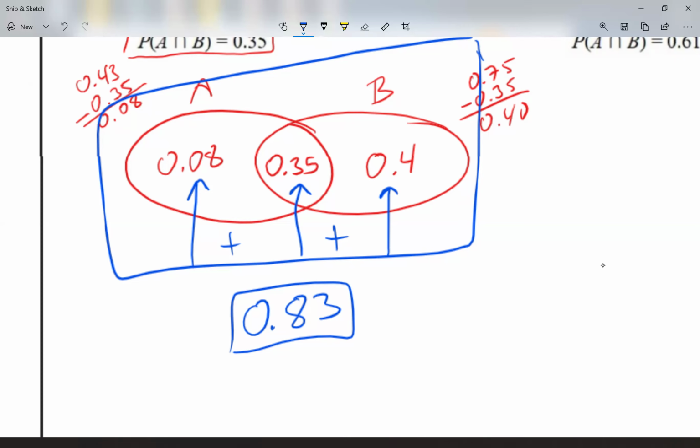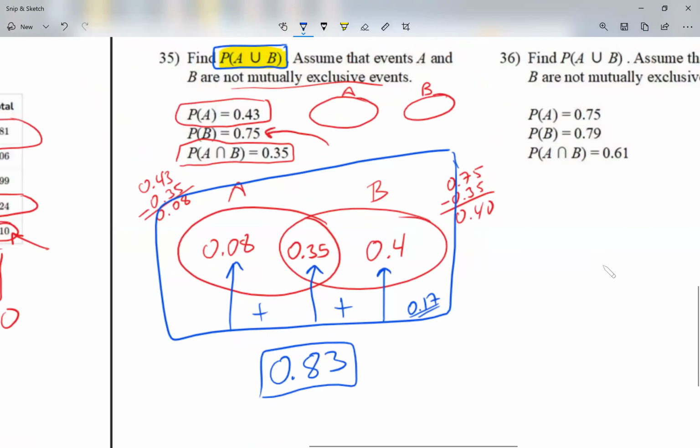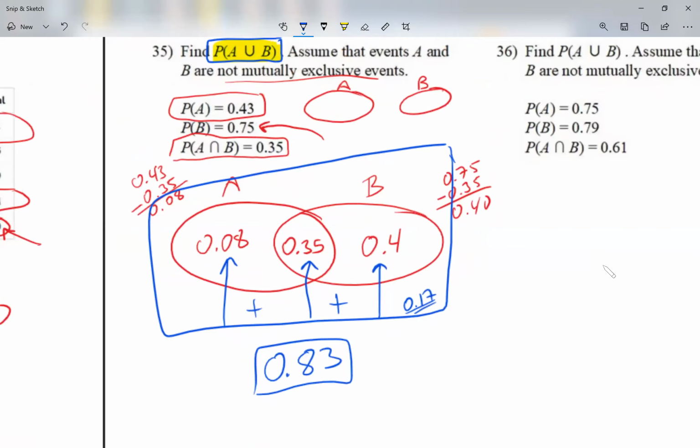I'll type it in. 1 minus 0.83, and I get 0.17. I'm going to write 0.17 out here. That is the probability of not choosing A or B, not choosing any. Because I was asking for probability, remember, it says, what's the probability of A union B? I expect my number to be between 0 and 1. So 0.83 sounds right.